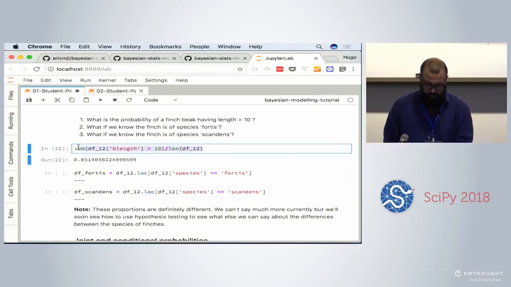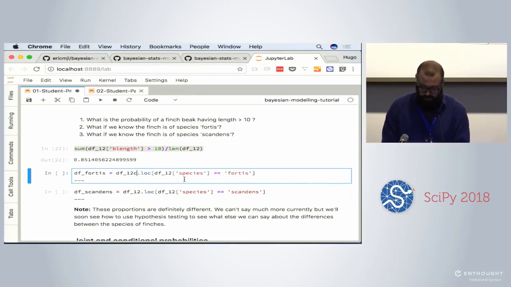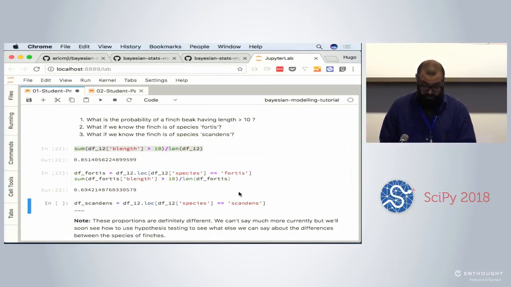Now we're going to do the same, but for Fortis, and what I've done here is I've just used some pandas to subset the data frame. So we're going to now do it with Fortis. Okay, so now suddenly we see that 69% have a certain beak length. So conditioning on that has actually let us know something about our population.